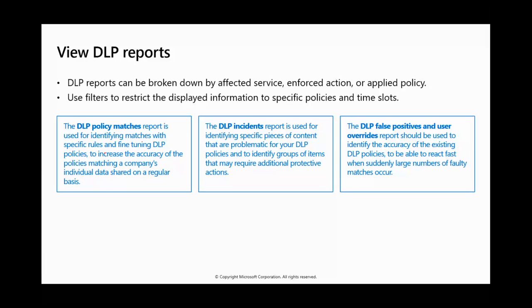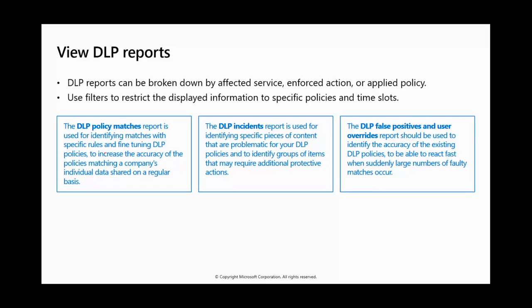Then the DLP incidents report can be used for identifying specific pieces of content that are problematic for our DLP policies and to identify groups of items that may require additional protective actions.